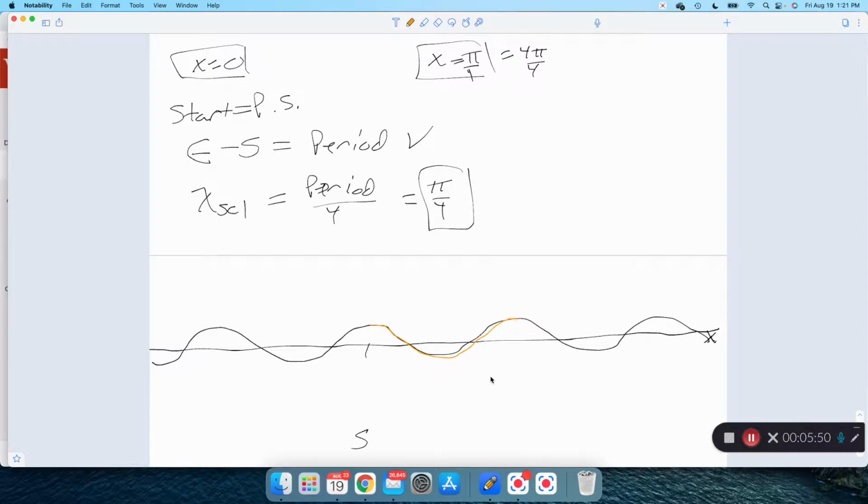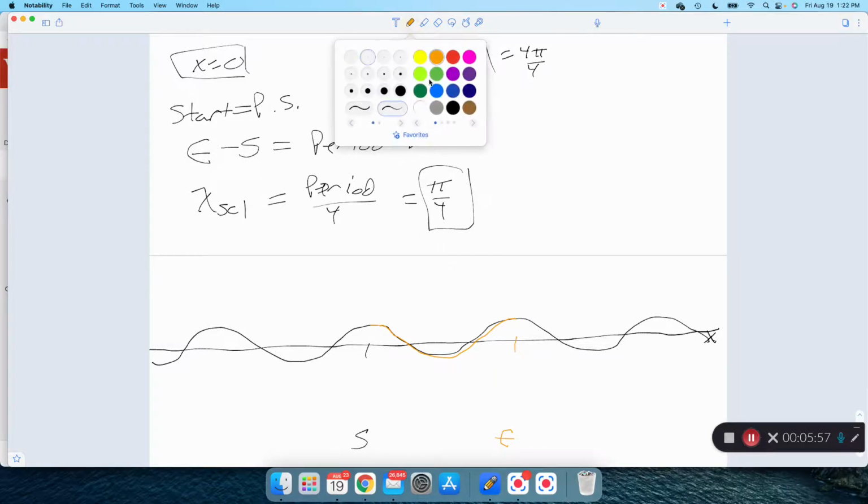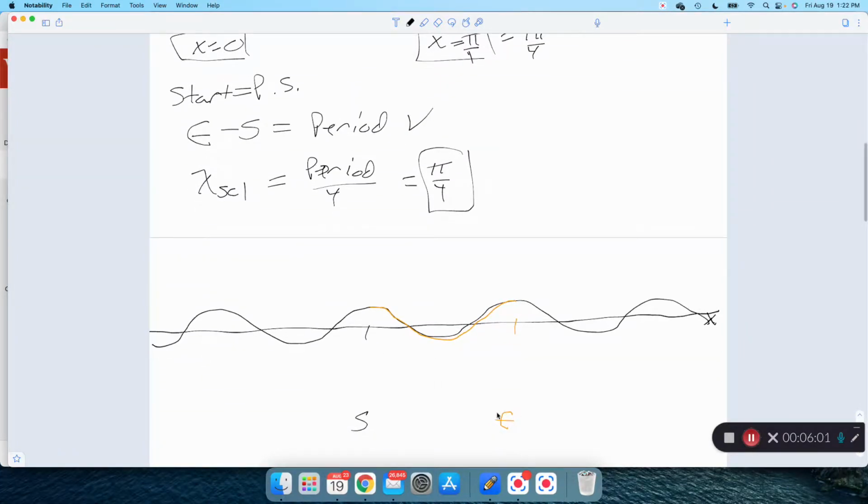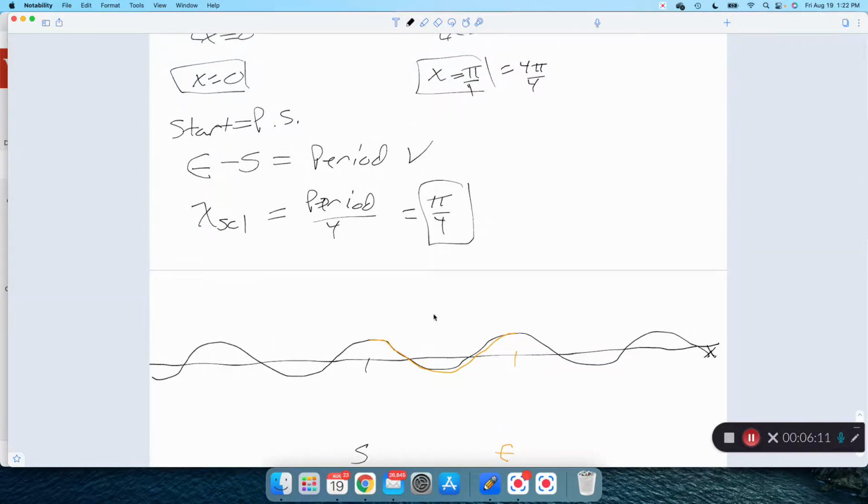That's one complete period. This will be my end. That's what we're doing with start and end, figuring out how to label the beginning and end of that one period. And we just picked any one. We could have picked this one. We could have picked this one. I know how to label those: 0 and 4 pi over 4.